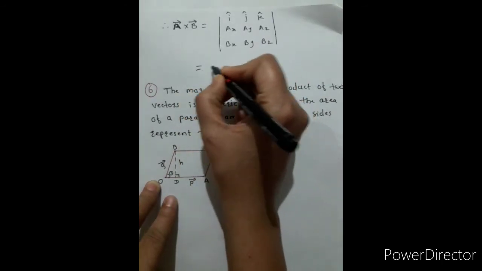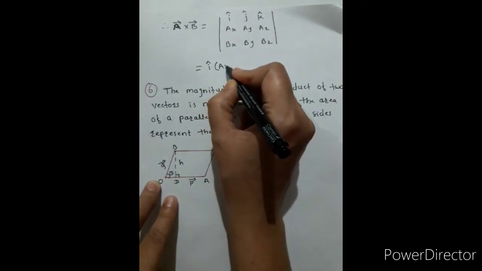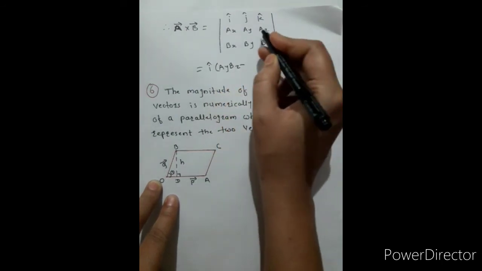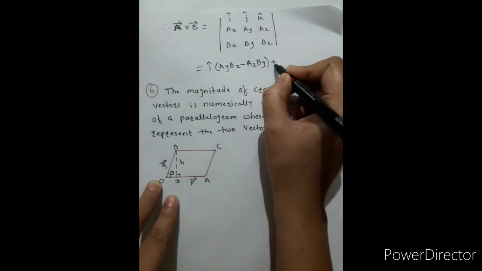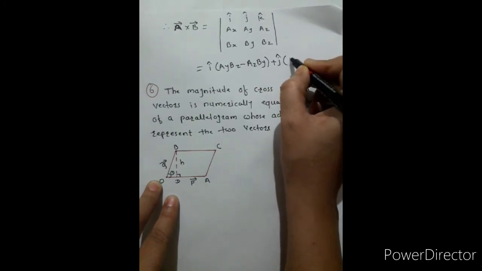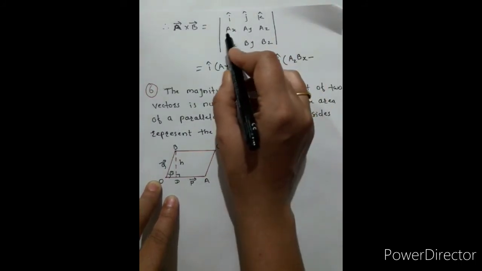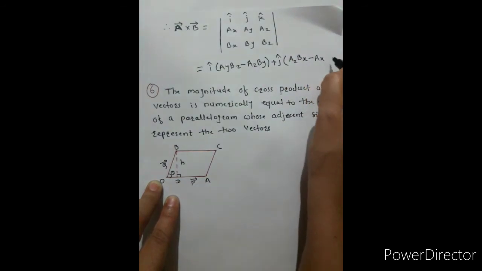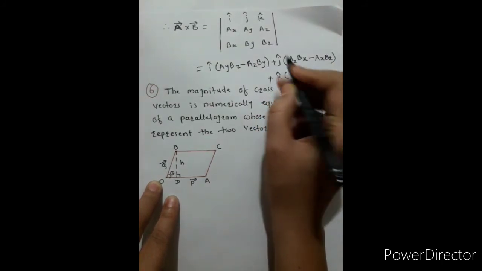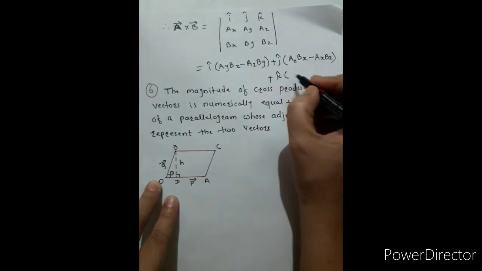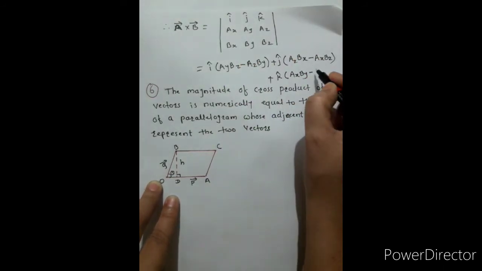We get the same answer, that is i cap into (ay bz minus az by), plus j cap into (az bx minus ax bz), plus k cap into (ax by minus ay bx).